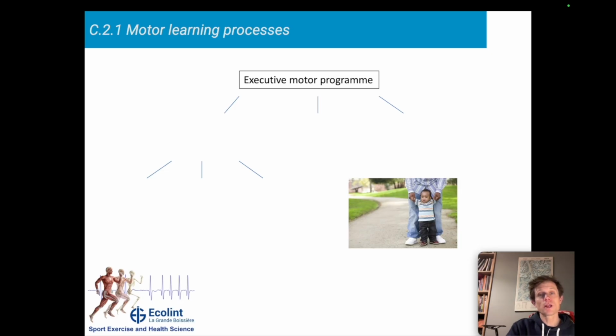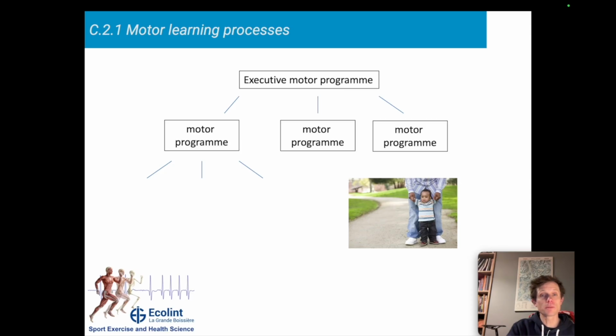Keele suggested that we have at the top an executive motor program which represents the entire movement that we're trying to reproduce. Below that we might have motor programs, and motor programs might be divided into subroutines. So as an example, if we have a baby learning to walk, the executive motor program might be walking.